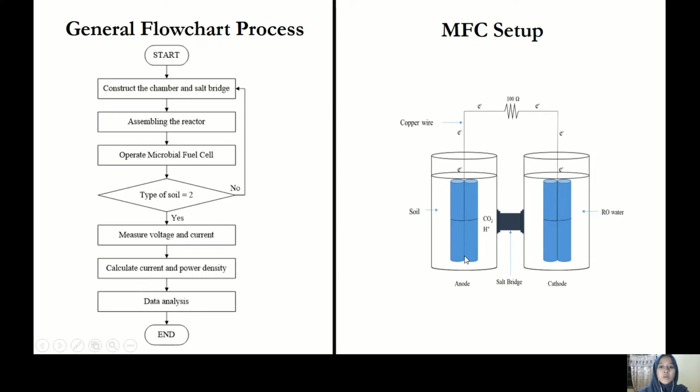The anode compartment is loaded with soil, and the cathode compartment contains RO water and is connected to a resistor. The anode compartment is sealed neatly to prevent oxygen, while the cathode side is supplied with oxygen through a small hole at the top of the compartment.